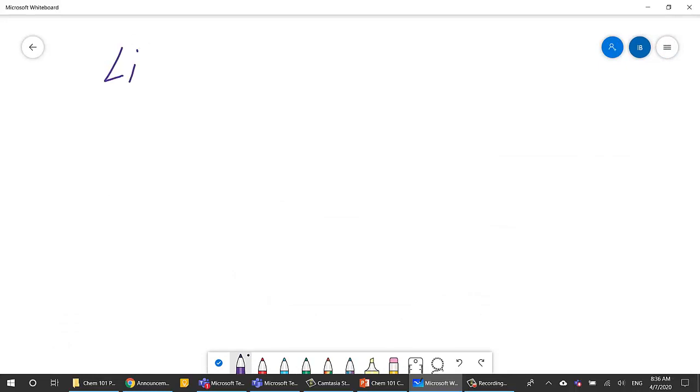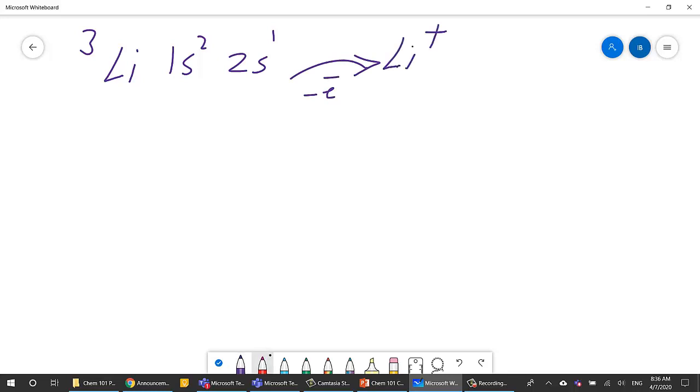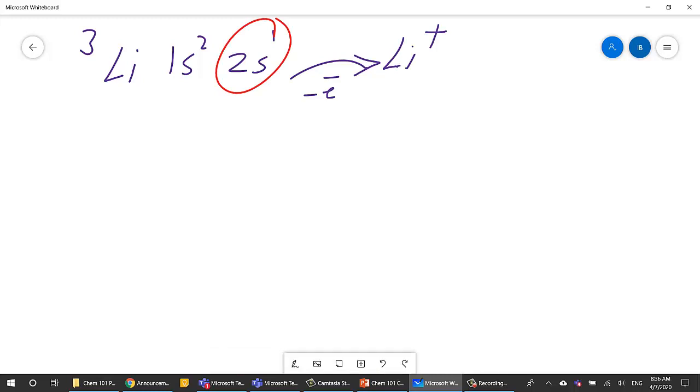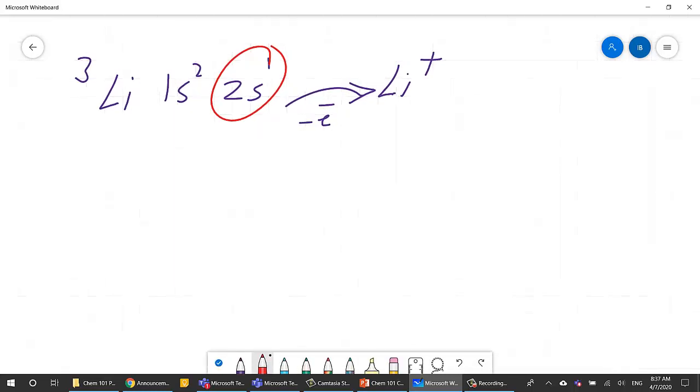Lithium has 3 electrons in it. It's 1s2, 2s1. Okay? If you want to form lithium plus, you're going to take this electron out, right? That will give you a 1s2 configuration, just like helium.